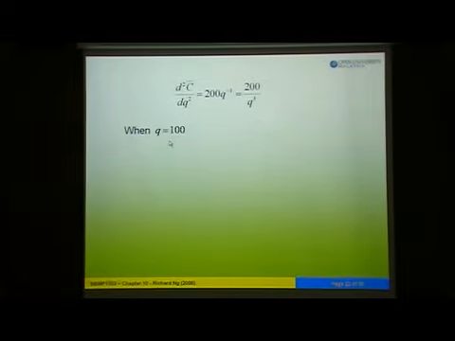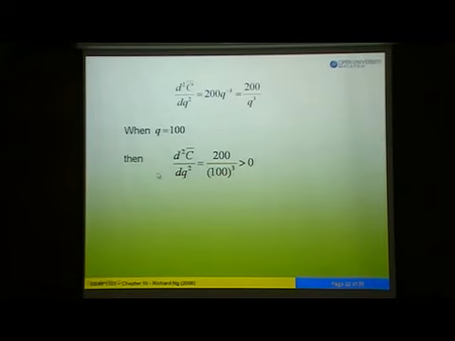Now next step is to find d2C bar over dq squared. Alright, so we differentiate the second time, we should get 200 q to the power -3, or 200 over q to the power 3. So from here we need to test the value of q equals 100. So substitute into this function.